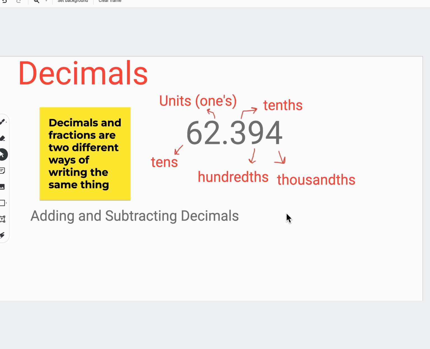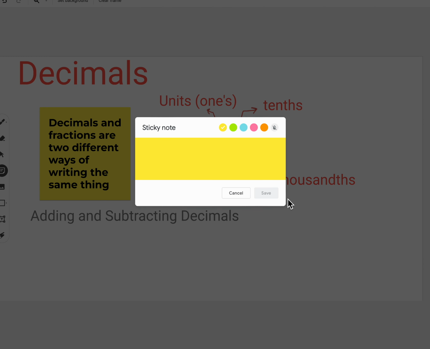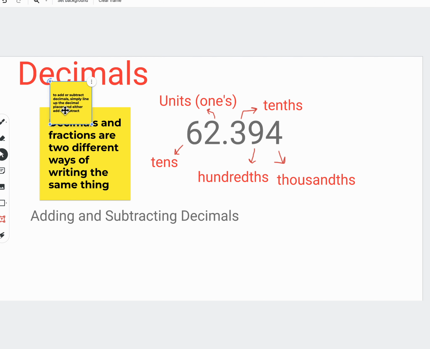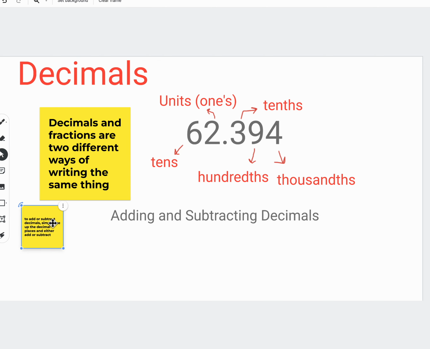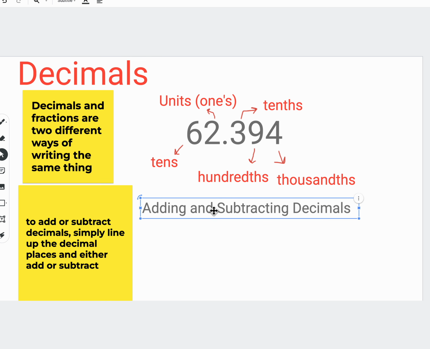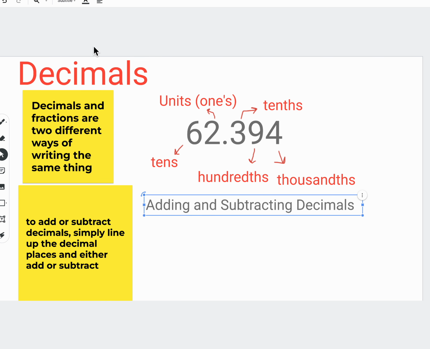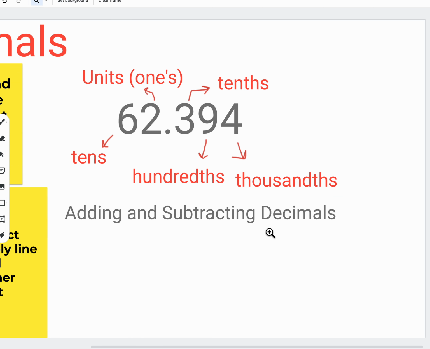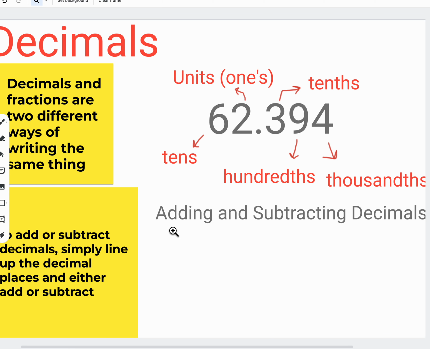To subtract, we line them up and subtract. Let's try some together.